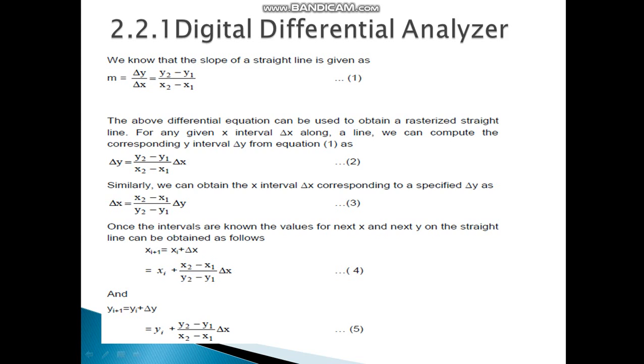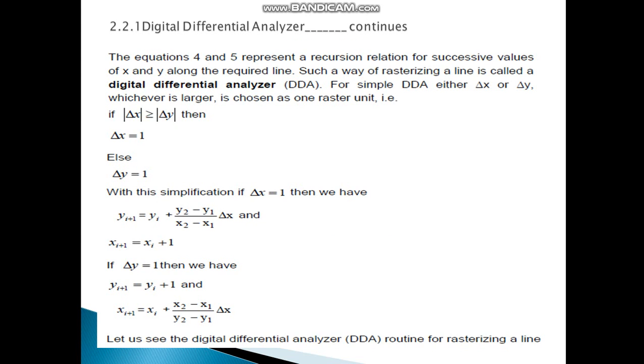Okay, then the equations 4 and 5 represent the recursion relation for successive values of x and y along the required line. Such a way of rasterizing a line is called a digital differential analyzer.